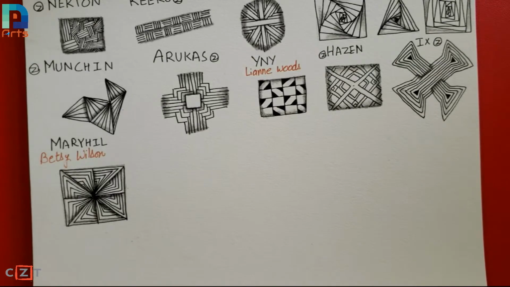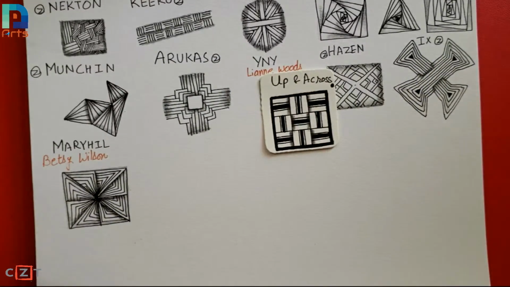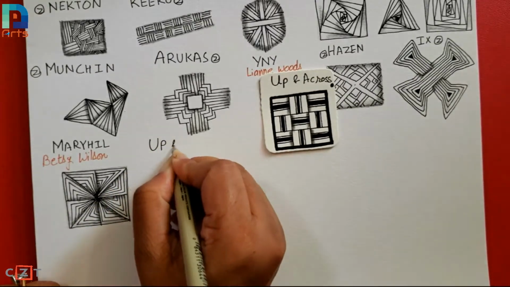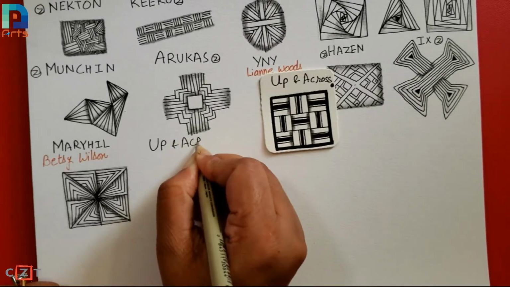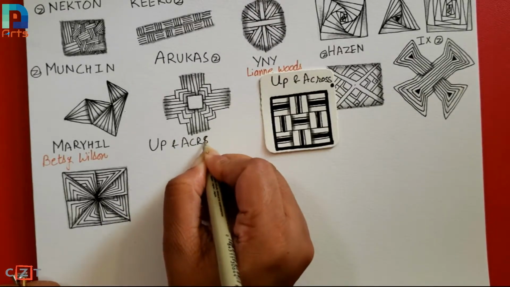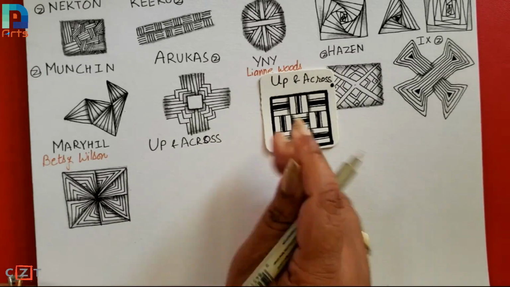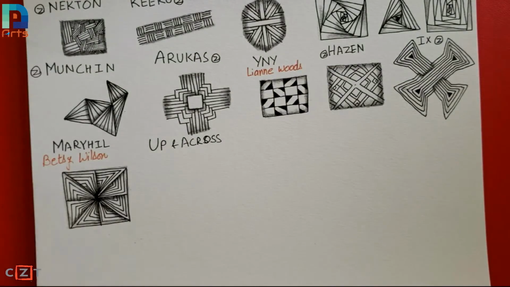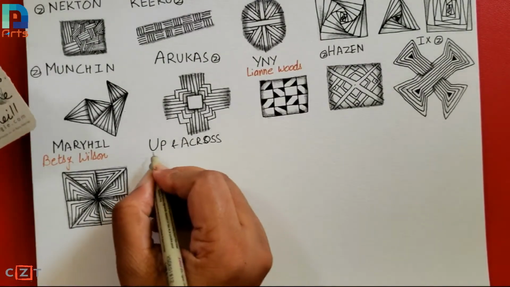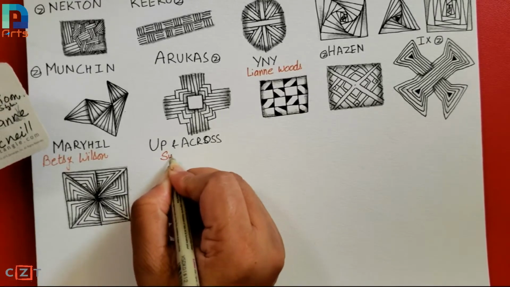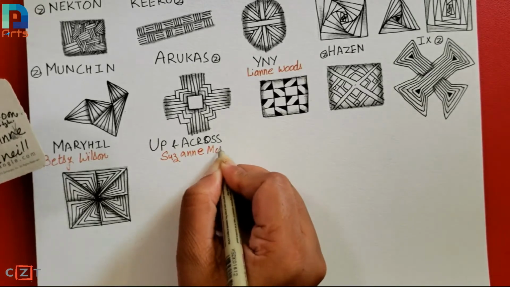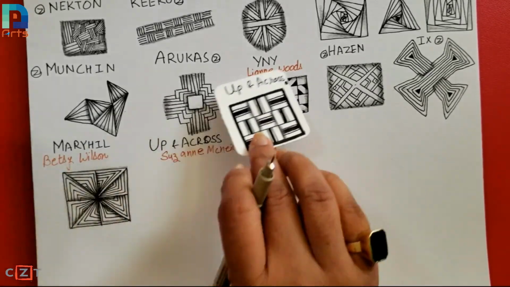Okay, so now let's talk about the next tangle, the up and across tangle. This tangle has been deconstructed by Suzanne McNeill, CZT.